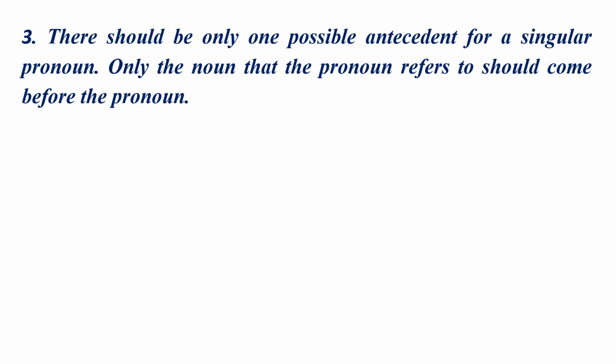Because if you have two or more antecedents before the pronoun, your readers or listeners will be confused about which antecedent is the correct one. So there's no scope to use two or more antecedents before a pronoun.